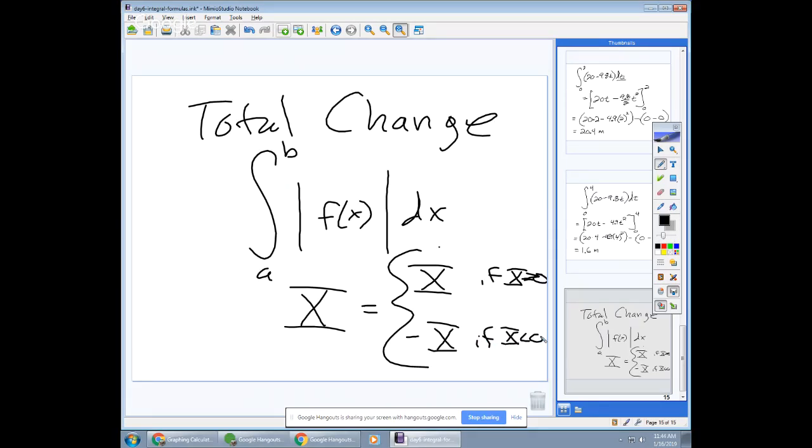So that means we have to find every place this function changes sign between here and here. And then we have to break it into multiple integrals. There's no other way to do it.